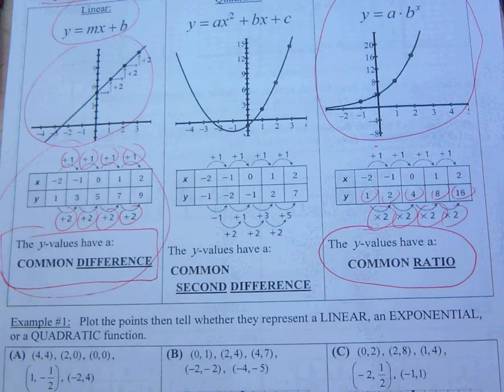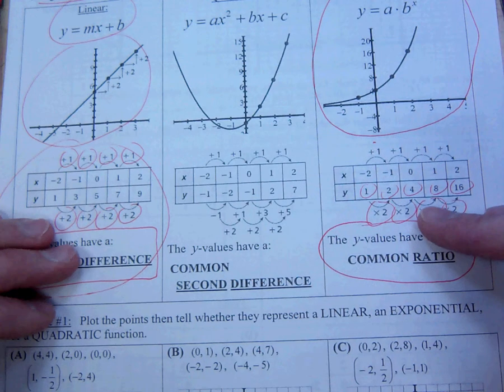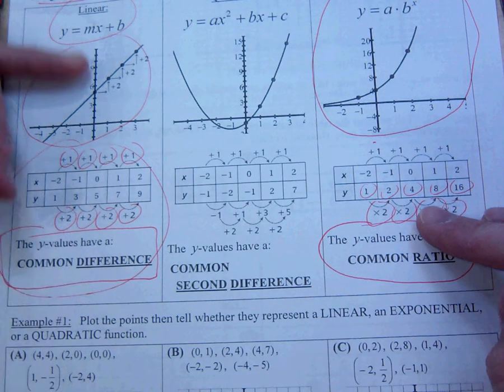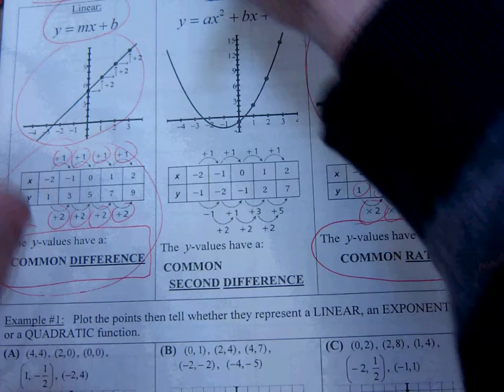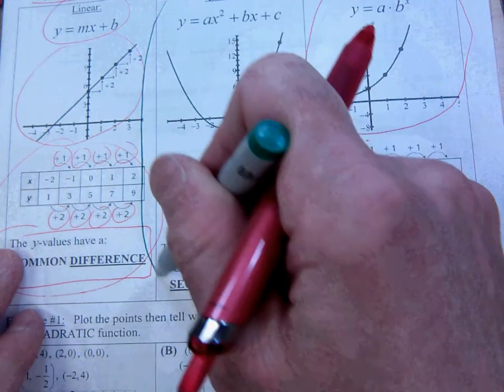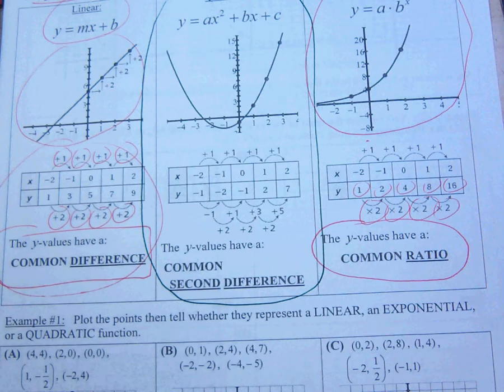Is that clear? Okay, so that and that is what you did first semester. We studied linear equations first semester. We studied exponential. This is what's new today. But again, on the next test, I'm going to make you do all three of these. So just so you know.